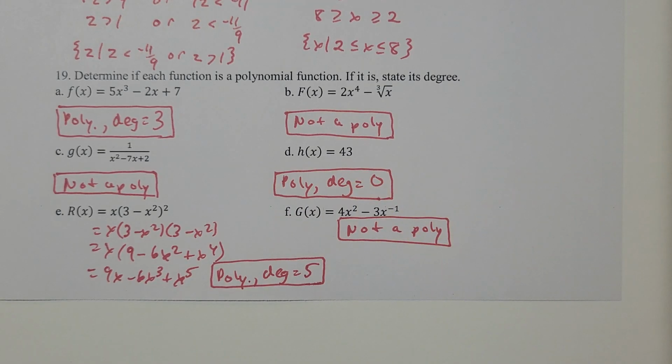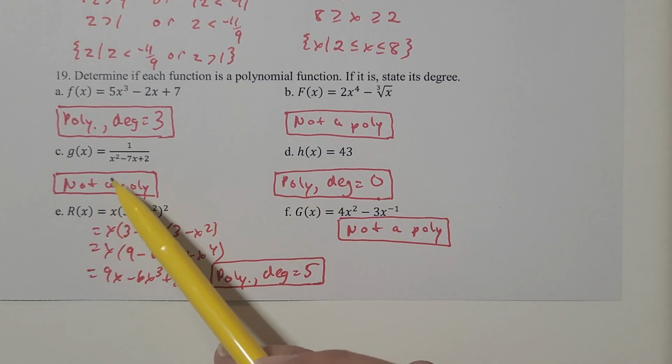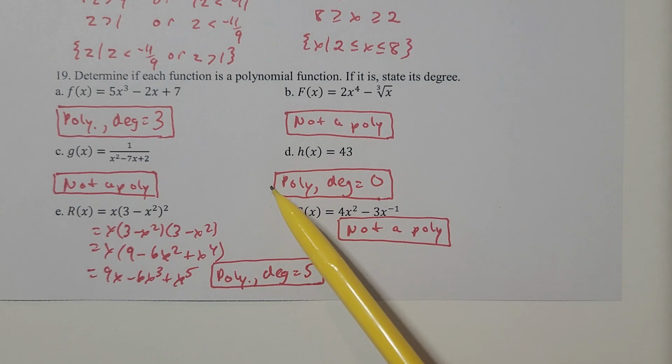Part C, we have g of x equals 1 divided by x squared minus 7x plus 2. That's not going to be a polynomial because to be in polynomial form, you need to be adding up a bunch of stuff. You can't be dividing anything. Okay.